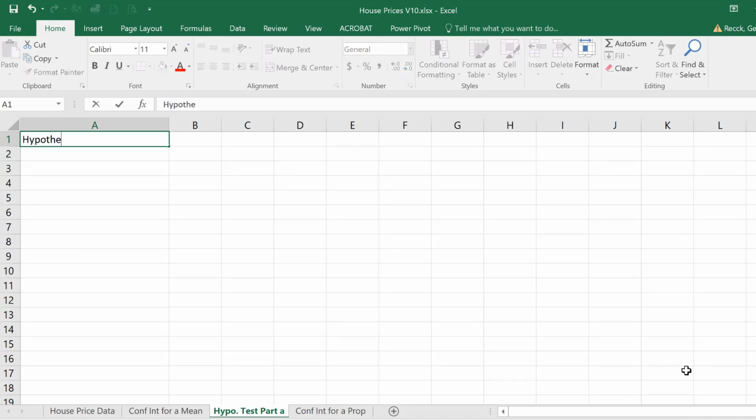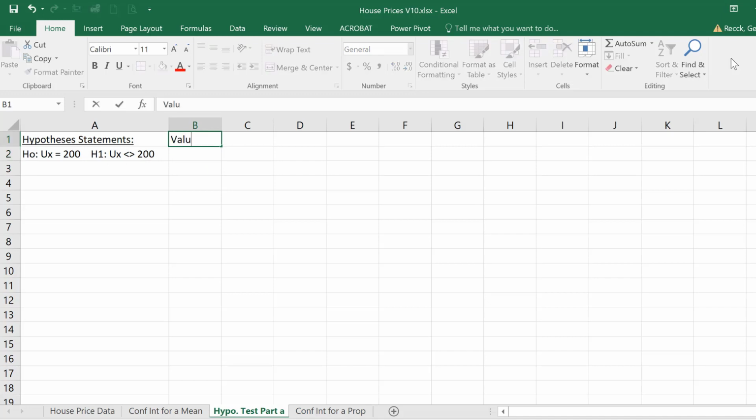So first we start out with our hypotheses statements, if you will. And here, I want to find out if the mean housing prices are statistically different. So my null hypothesis is that the mean is equal to 200, and my alternative, H1, is that the mean price is not equal to, which we kind of represent in a very informal way as a less than, greater than.